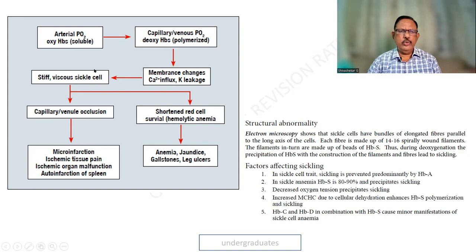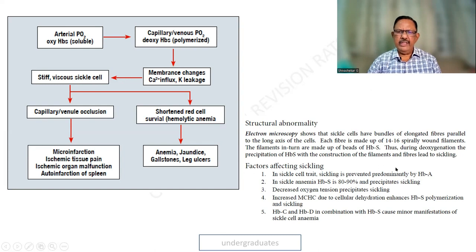All this leads to the formation of a stiff, viscous sickle cell, leading to capillary occlusion, and the survival is also reduced. There can be anemia, leg ulcer, jaundice, and also infarction of the organ where the blood supply is affected. The electron microscopy I have already mentioned.